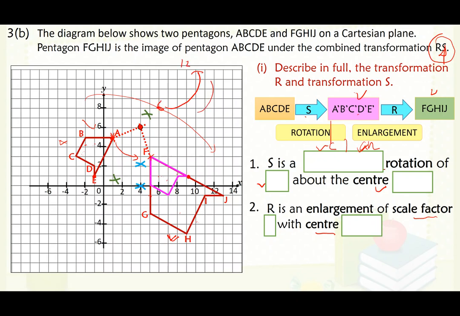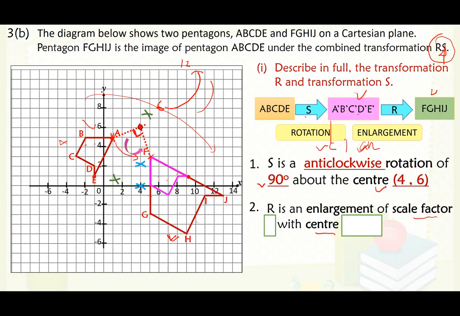So this is anti-clockwise. The center is (4, 6). How many degrees over here? This is 90 degrees. So anti-clockwise rotation of 90 degrees at the center (4, 6).